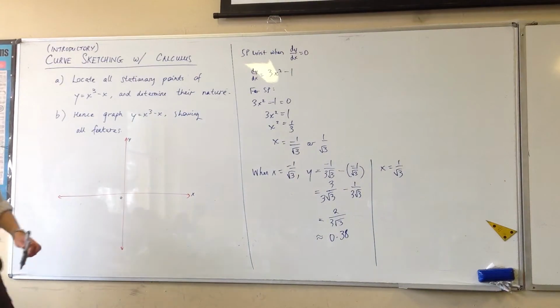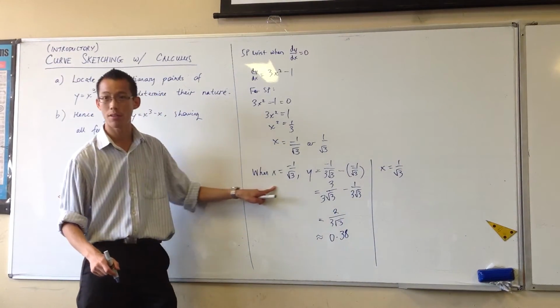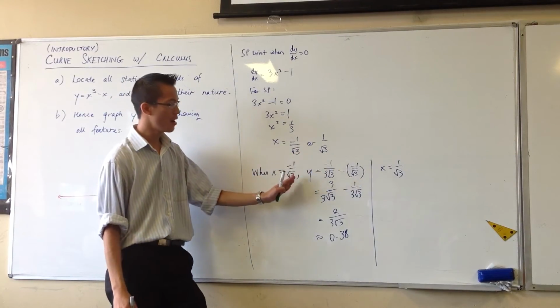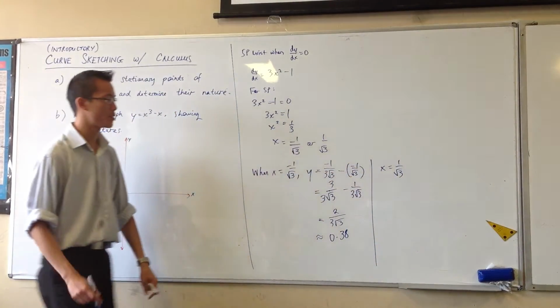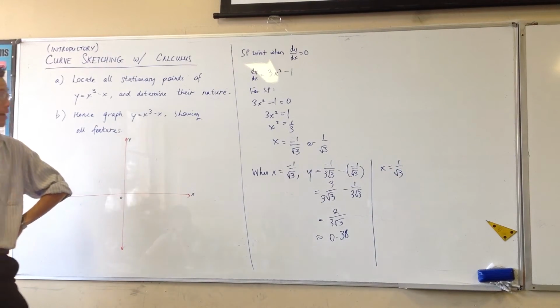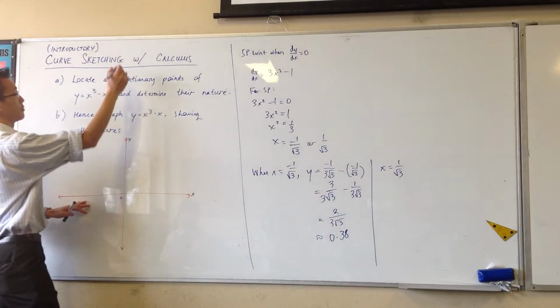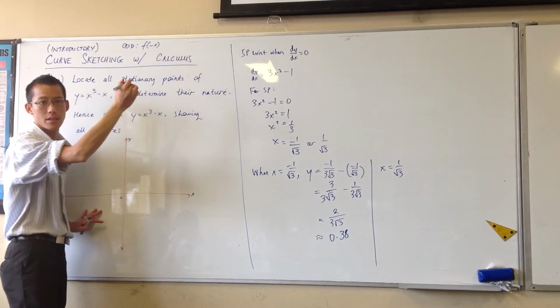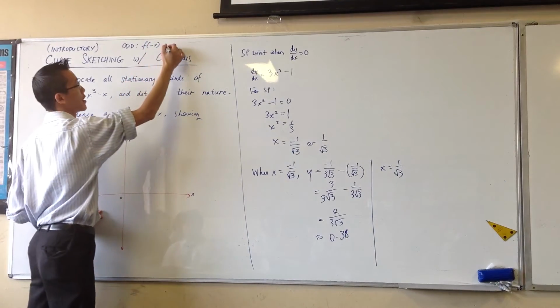I can say, if I know that this is one of the stationary points, I can say the other stationary point is going to be, where are you expecting? It's an odd function, right? So odd functions mean f of minus x is minus f of x, right?